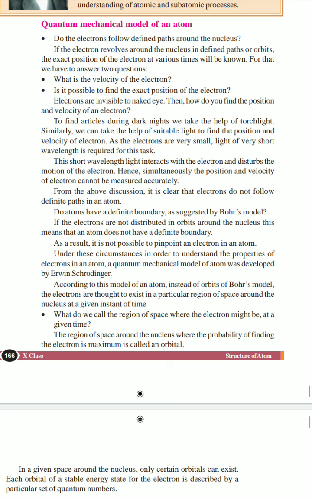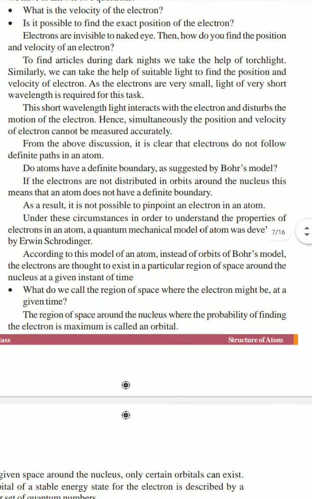The region of space around the nucleus where the probability of finding the electron is maximum is called an orbital.